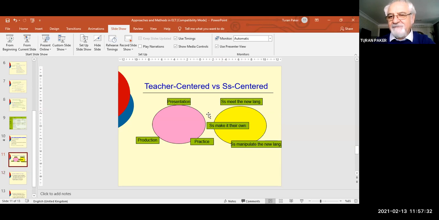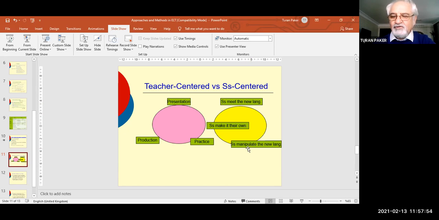So in student-centered classes, the teacher usually brings the material so that students will meet the new language. What does the teacher bring? Especially in the natural approach, Krashen talks about comprehensible input. It should be comprehensible for the learner. Otherwise, it's just going to be noise, or just a picture for them.